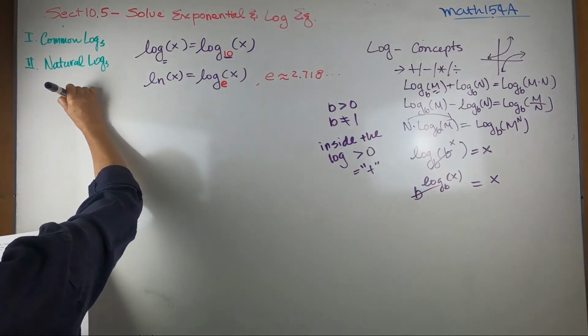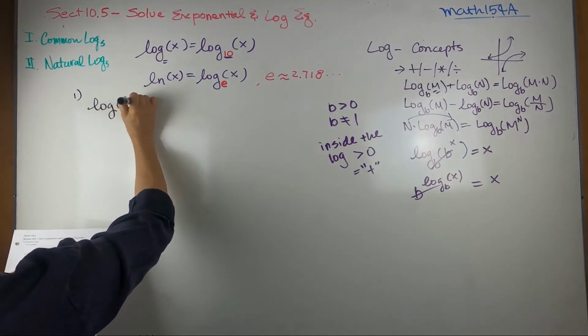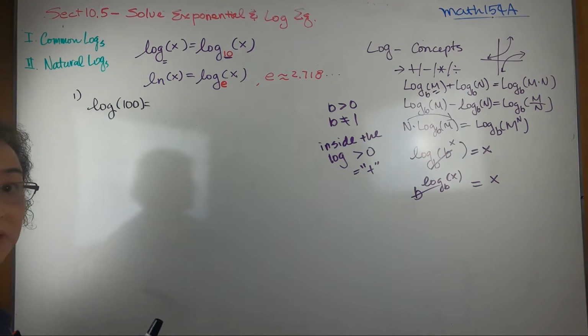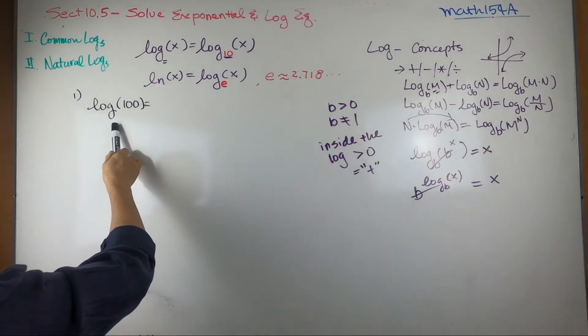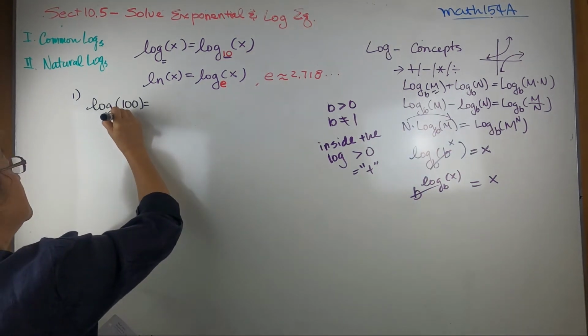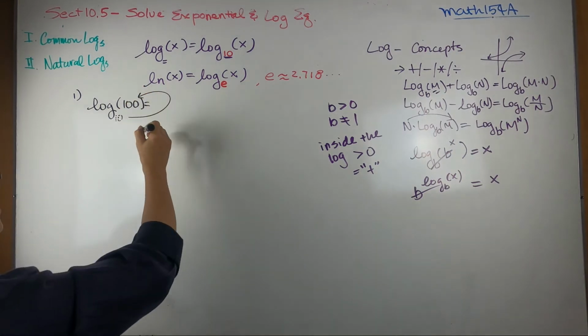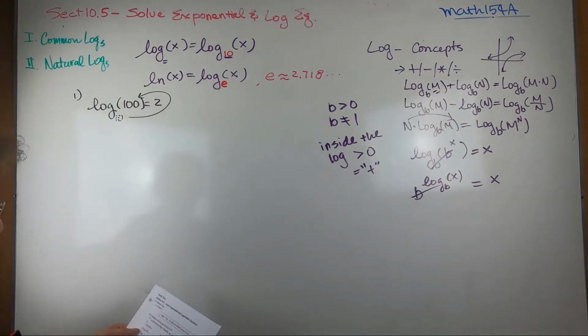Let's see some examples. Log 100. Can you put this into the calculator? Common log, yes, base 10. That means 10 to the what power is 100? That's 2.